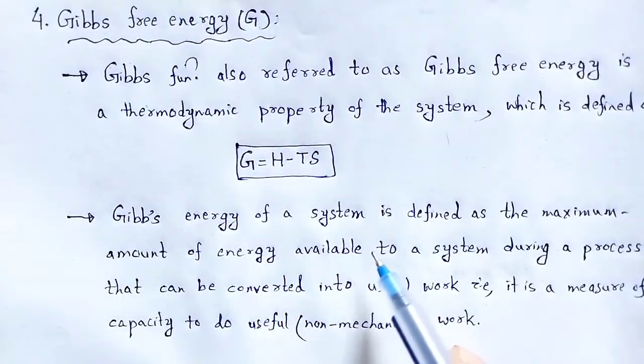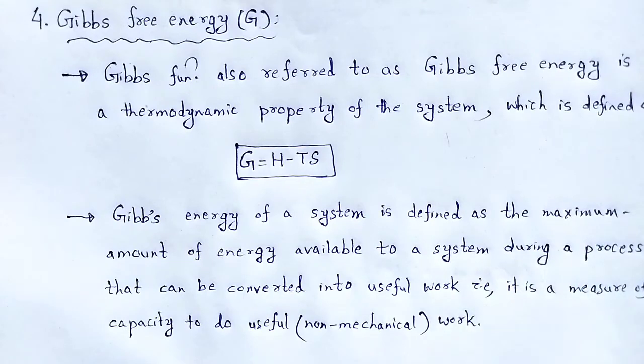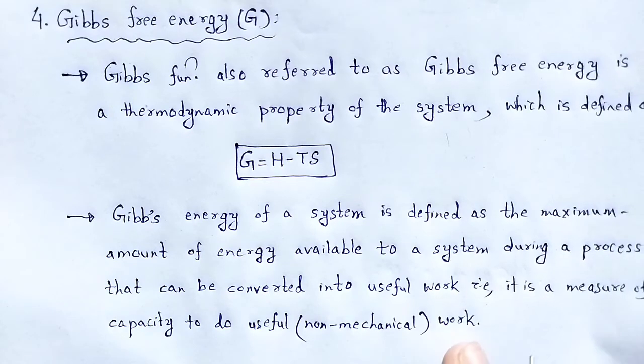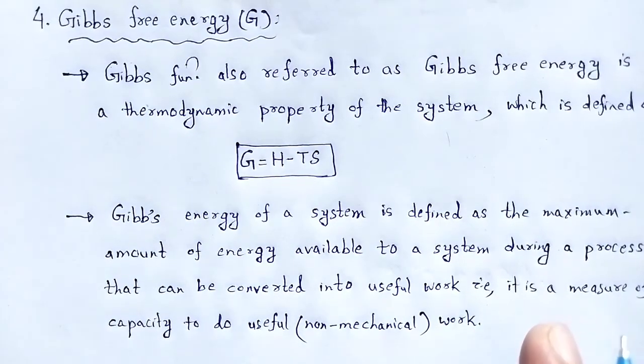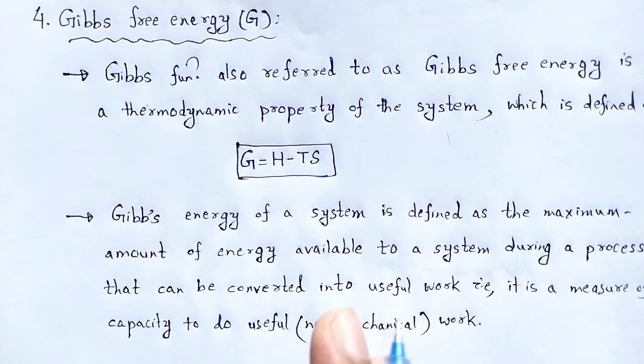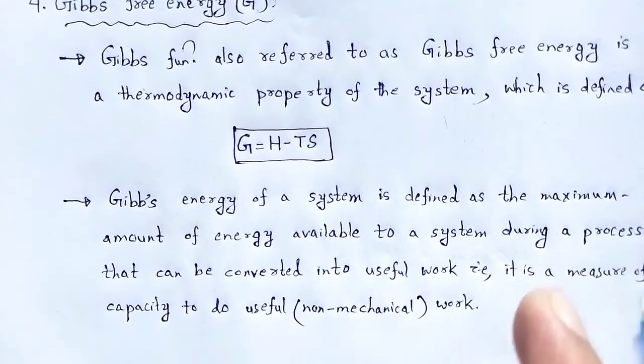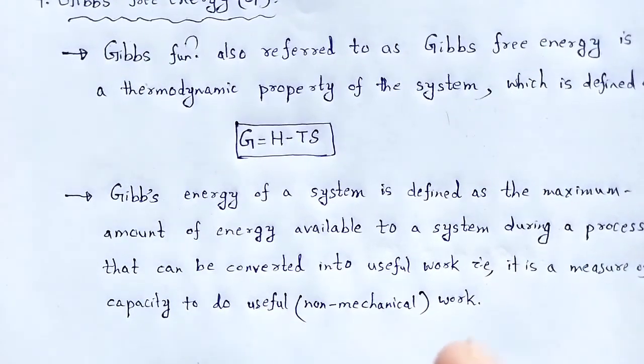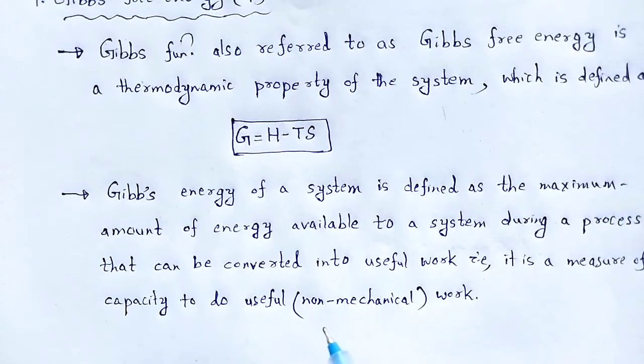The Gibbs energy of a system is the maximum amount of energy available to a system during a process that can be converted into useful work, and that is the measure of capacity to do useful non-mechanical work.